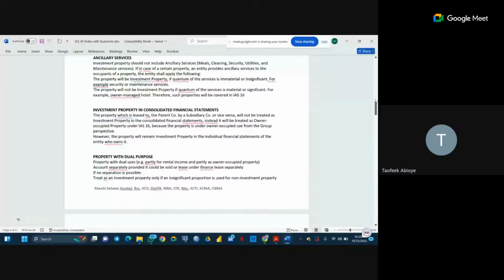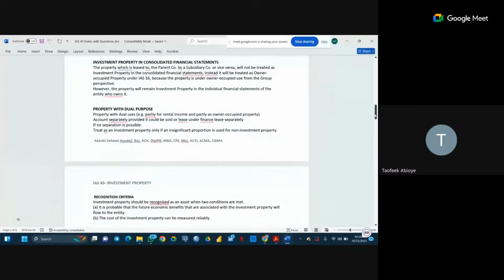Now, property with dual purpose, where I'm using the UBA building as an example. Let me make it very simple so that I won't complicate the whole scenario. A single property, a 4-story building, each story has 8 rooms. The owner of the building is using the 1st and 2nd stories, while they rent out the 3rd and 4th stories.